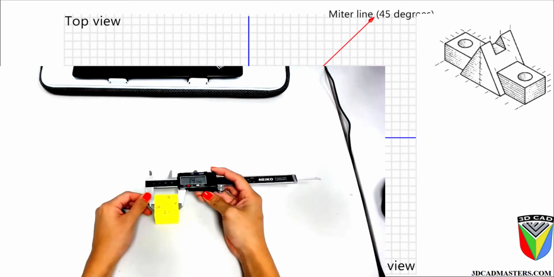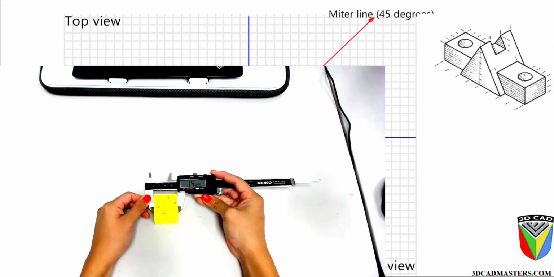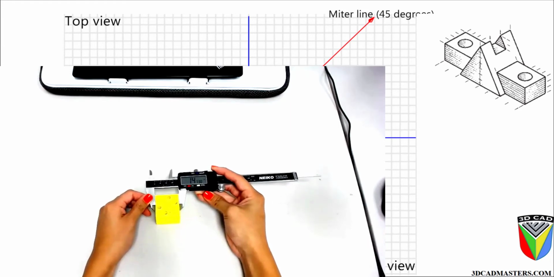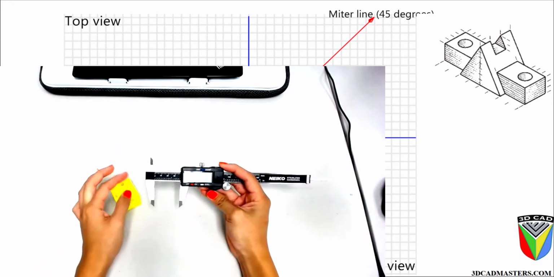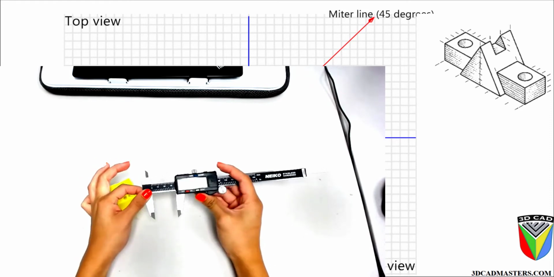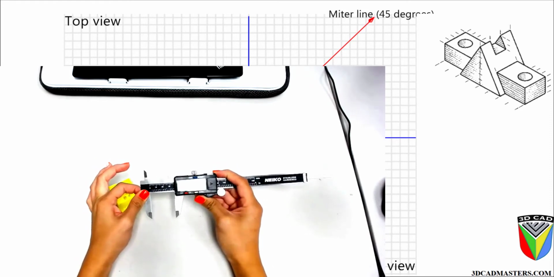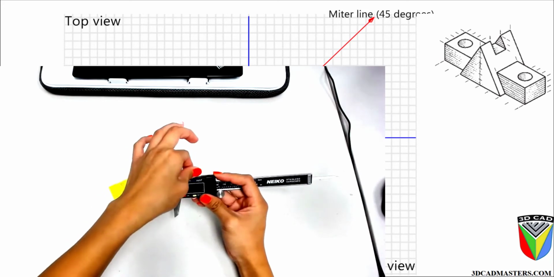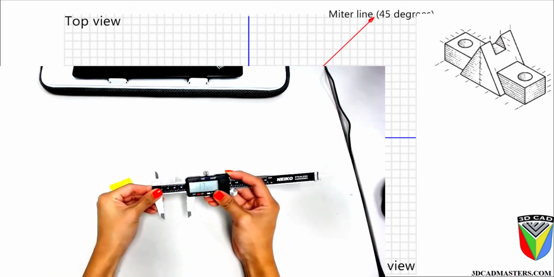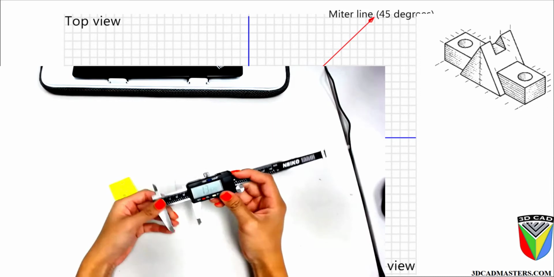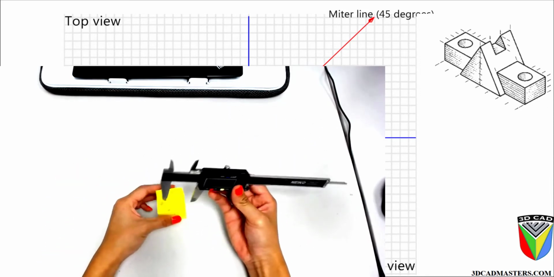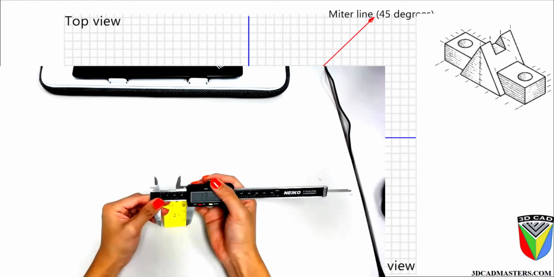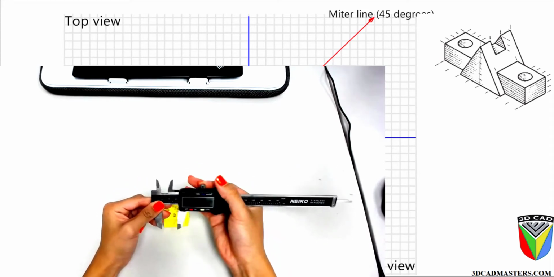Or what I like to do is I will tighten this knob right here and I will pick it up, and now the caliper can't move, or it can move obviously, but the tighter you tighten it, the harder it is to move, so that you can play around with the object. So that's the second way to do it.